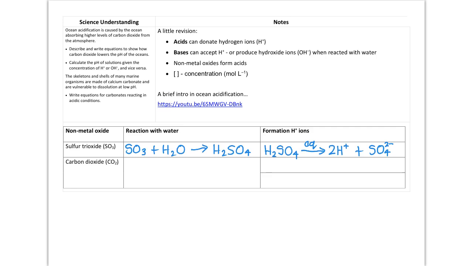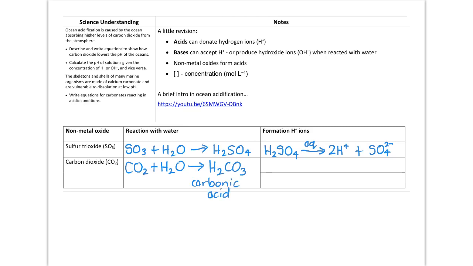Now, carbon dioxide does a similar thing. Carbon dioxide can react with water, and when it does that, it will form carbonic acid. This is what we know as carbonic acid.